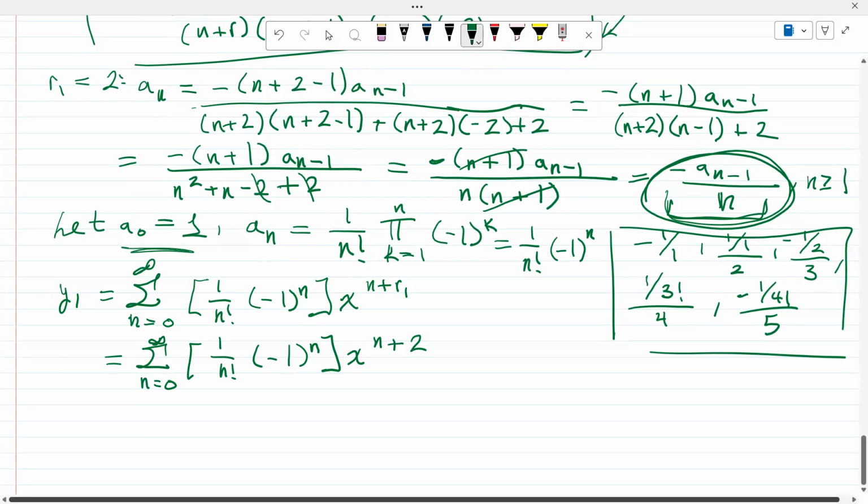but as aforementioned, for our second solution, we're going to have to put in a lot more work. Okay.